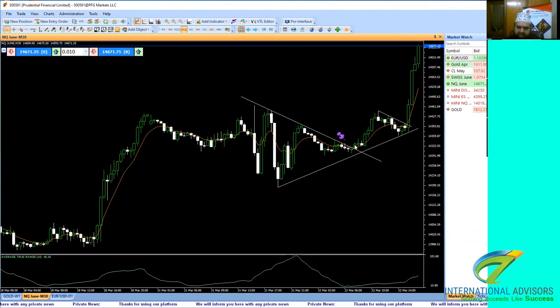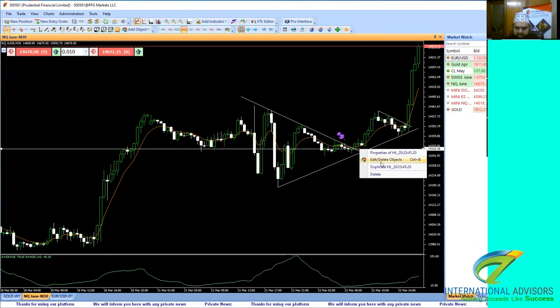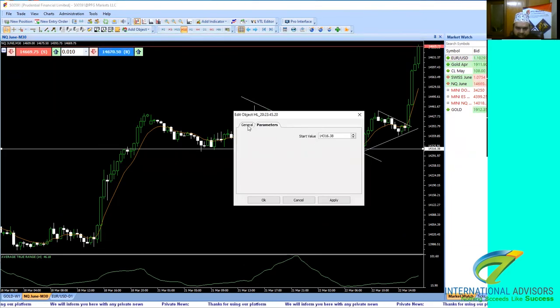And if you buy here, definitely at the same time this line is drawn, so your stop should be below this line somewhere. Just suppose somebody could have bought it here at this point, right? Let me change the color.